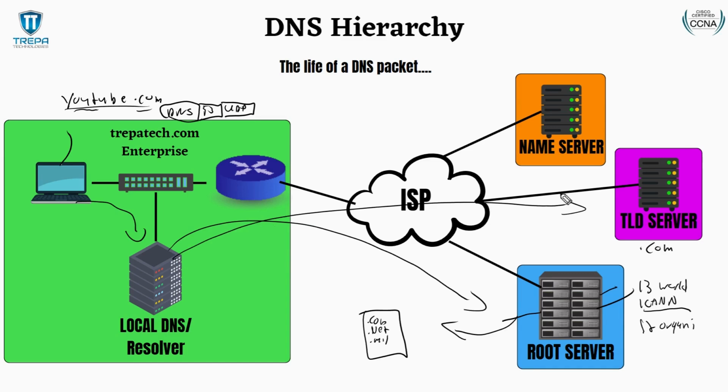And the TLD server is going to say, great, I know where all the name servers sit that can resolve that for you. So it's going to send a response back saying, cool, go to this name server. This is the name server that hosts youtube.com's information. And let's say this is a Google DNS name server.